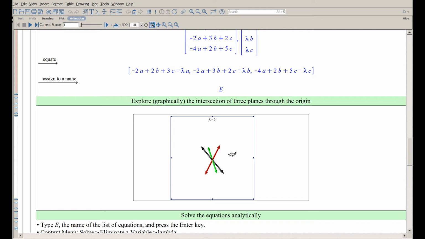What I'm looking for here are values of lambda for which those lines are coincident, which means that all 3 planes have a common line of intersection. And so lambda equals 1 appears to be one of those values.